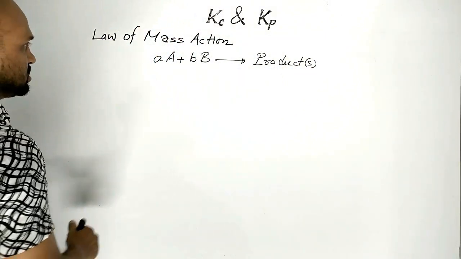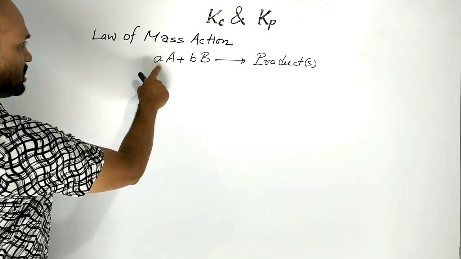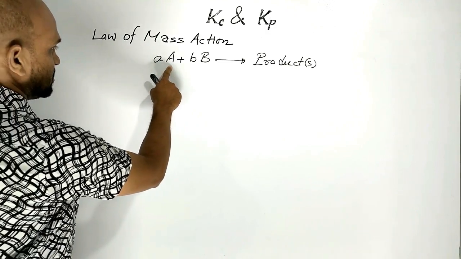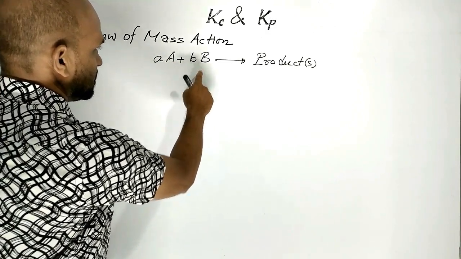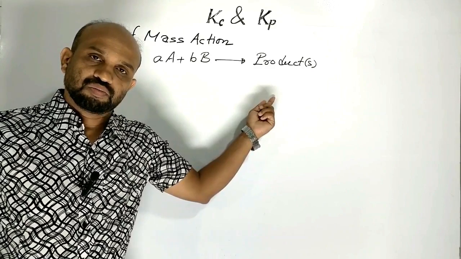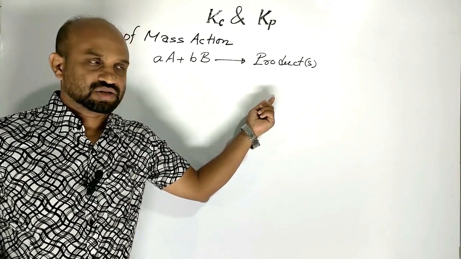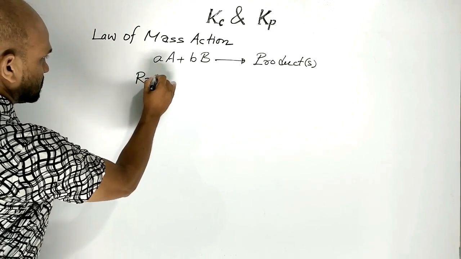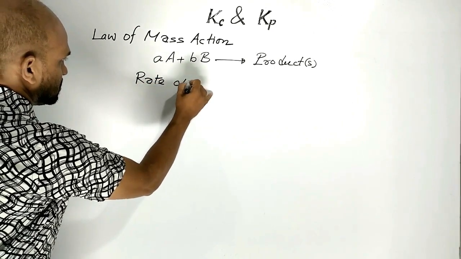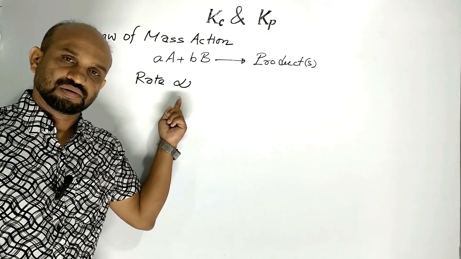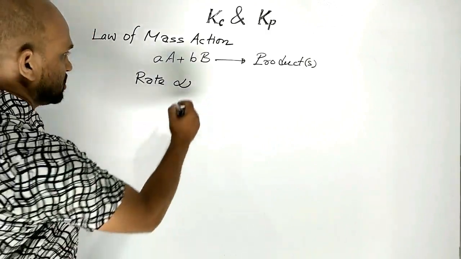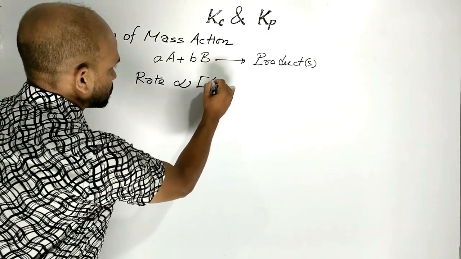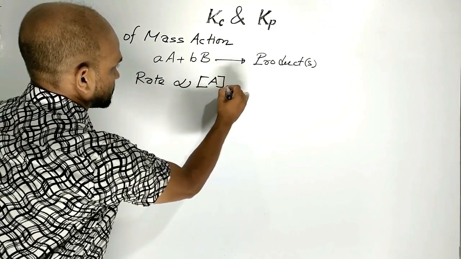A chemical reaction in which a moles of A and b moles of B form products. In this reaction, rate of the reaction will be proportional to the product of the concentration of the reactants.